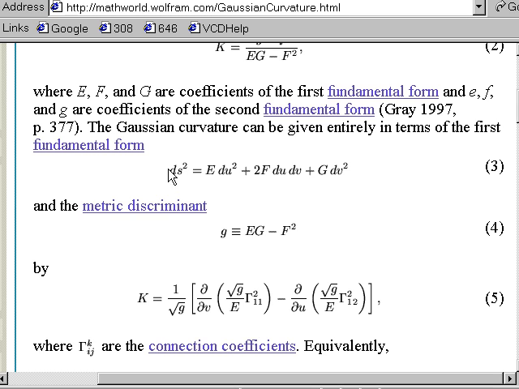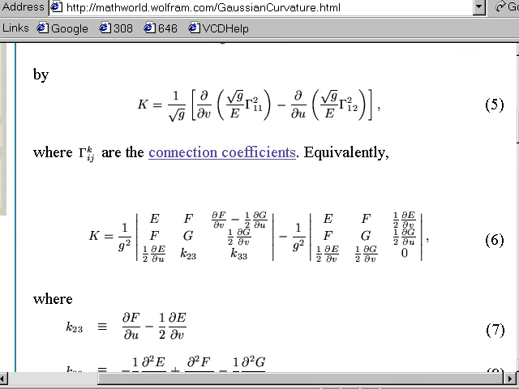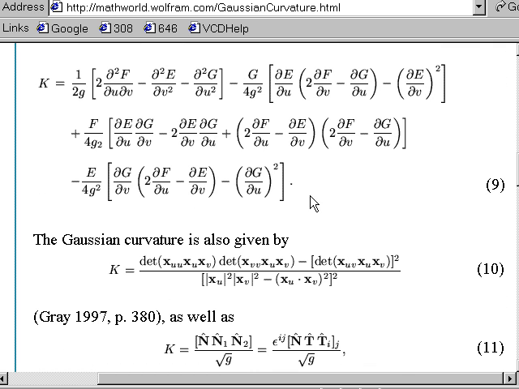Now, the Gaussian curvature is relatively complicated to compute, but it's the same formula as what I got in the PDF file. And what leads to the Gauss curvature is this differential form here called the first fundamental form that tells you in your coordinate system how to calculate arc length in terms of u and v.